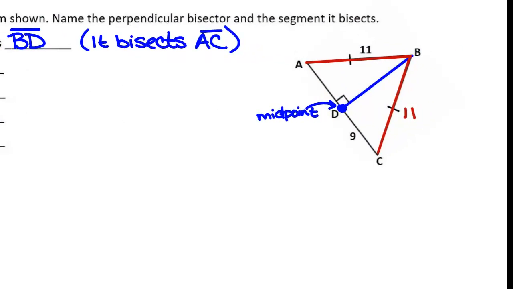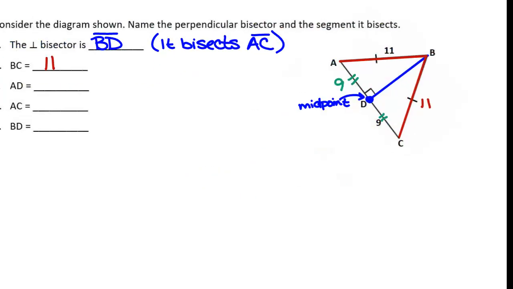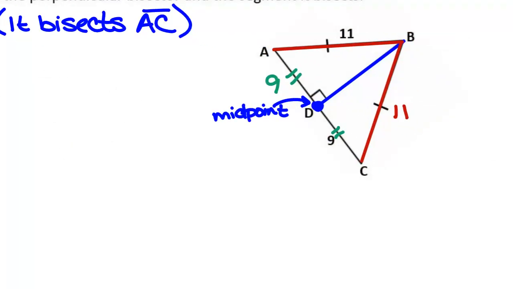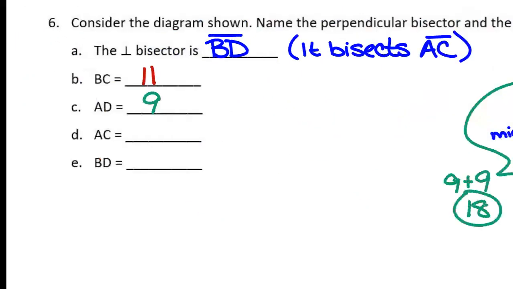D is the midpoint and DC is 9. So how big is AD? 9. Well, if AD is 9 and DC is 9, how big is AC? 18. 9 plus 9 gives us 18 for AC.